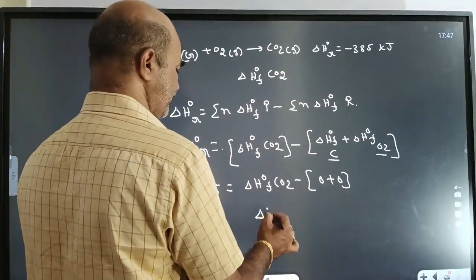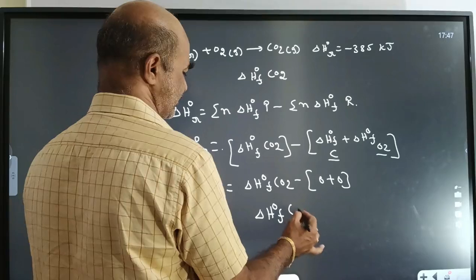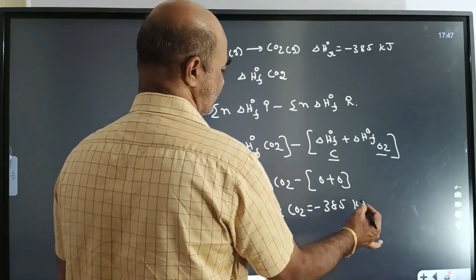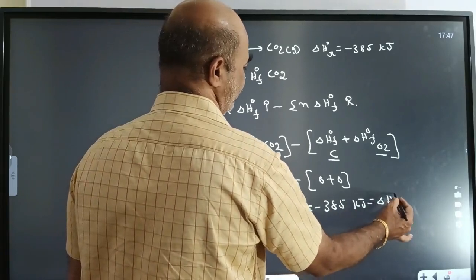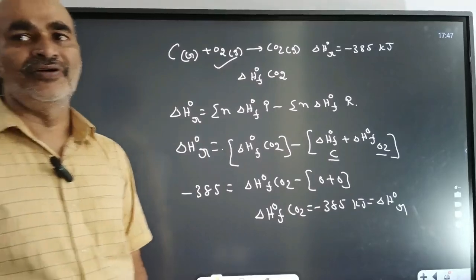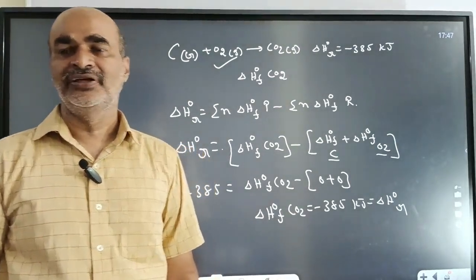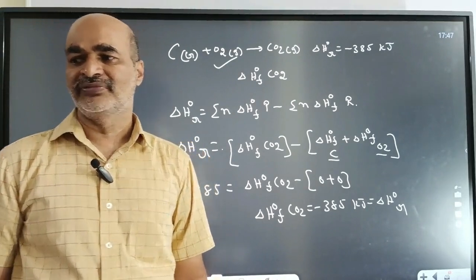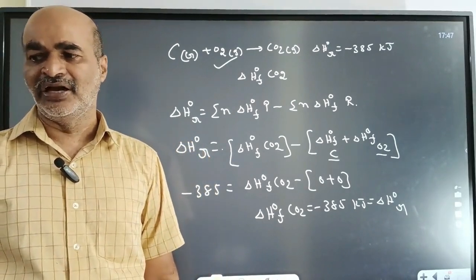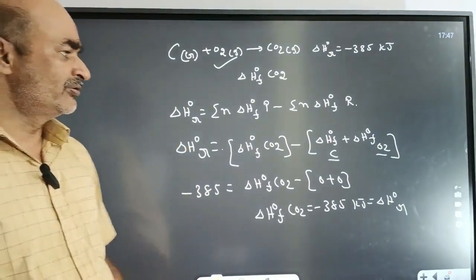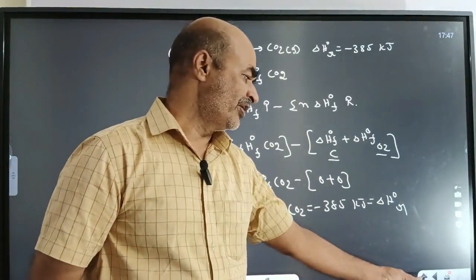Therefore, the enthalpy of formation of carbon dioxide is equal to minus 385 kilojoules, which equals the enthalpy of reaction. So for this reaction, the enthalpy of formation is equal to the enthalpy of reaction. Okay, this is about enthalpy of formation.